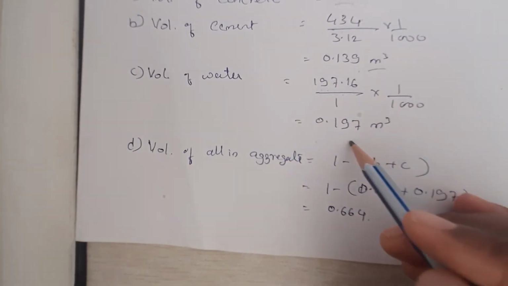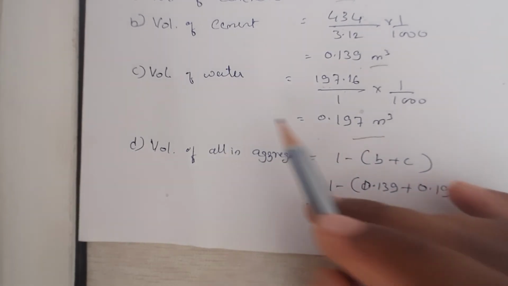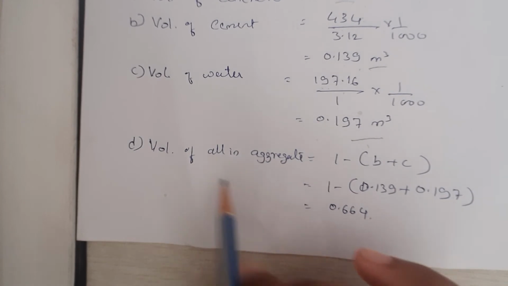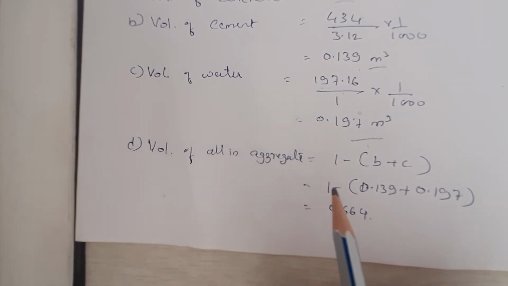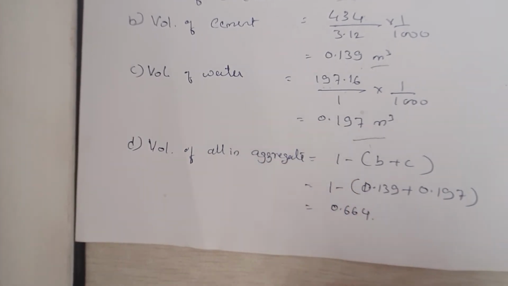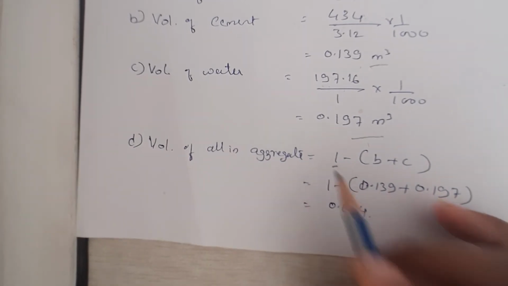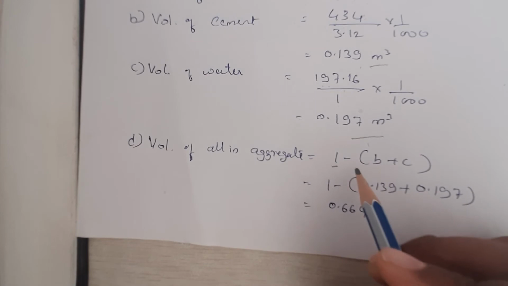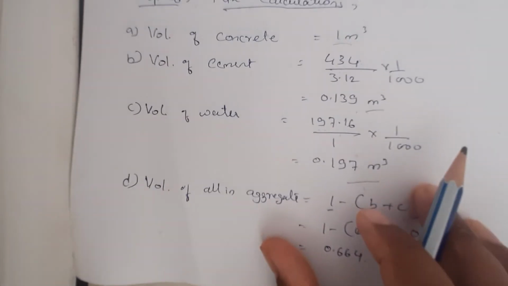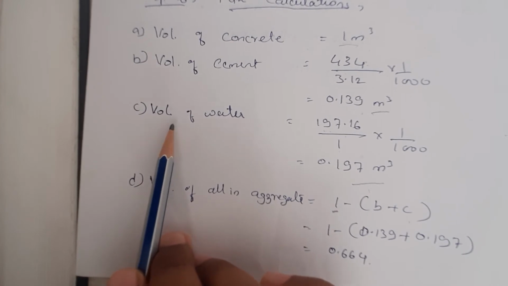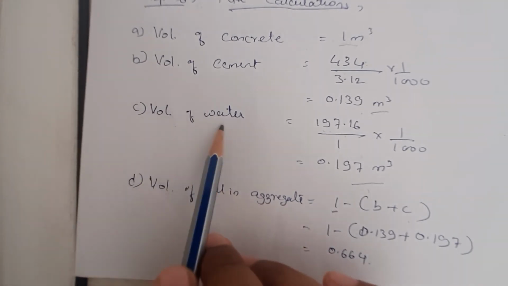So from doing this, I have calculated the volume of water, right? Now I have to calculate the volume of all-in aggregate, meaning the total aggregate quantity. Here 1 is the total volume of the concrete. From this, I have to subtract B plus C, where B is the volume of cement and C is the water content.